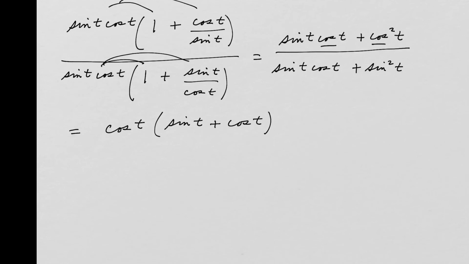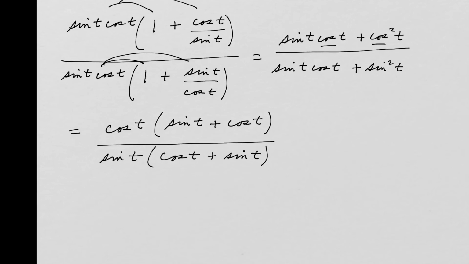Because if I multiplied it back, I would get cosine sine or sine cosine plus cosine squared. So if I factor it out, I'm left with sine of t plus cosine of t. And it looks like in the denominator, I could factor out a sine of t. And I'm left with cosine of t plus sine of t.